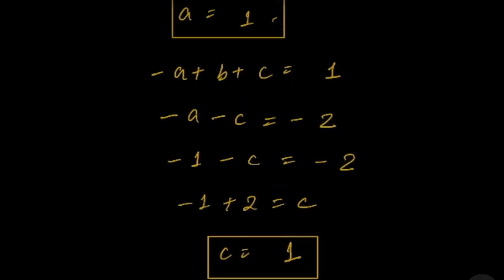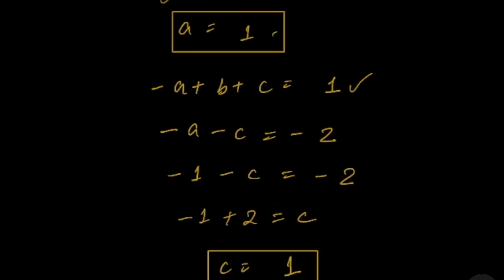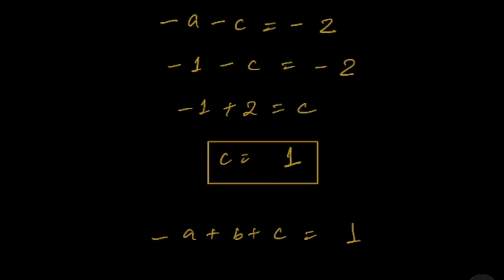And now put all the values in this to find b. Minus a plus b plus c equals 1. a is 1, c is 1, and we have to find b. So this minus 1 and this 1 cancel out, and we get b as 1.